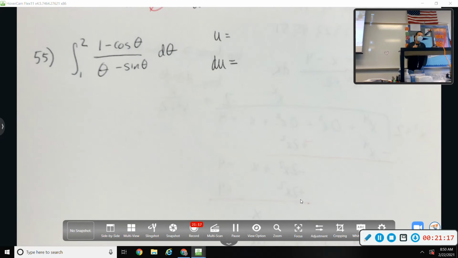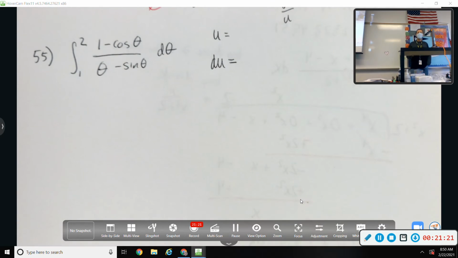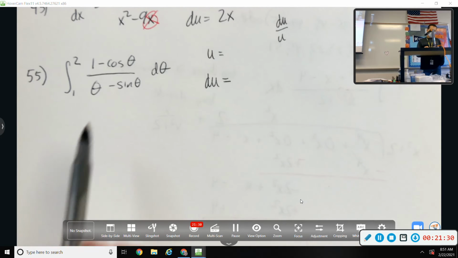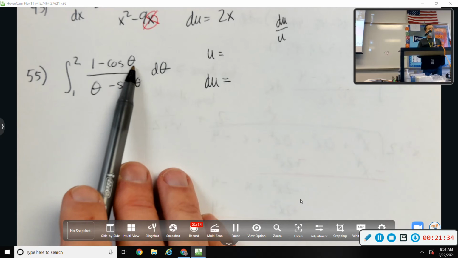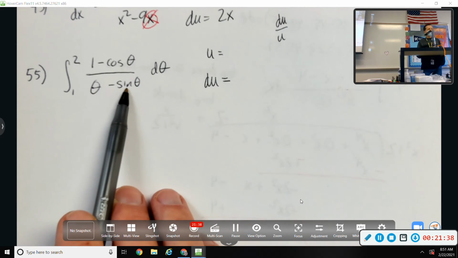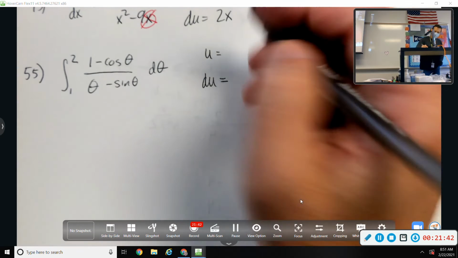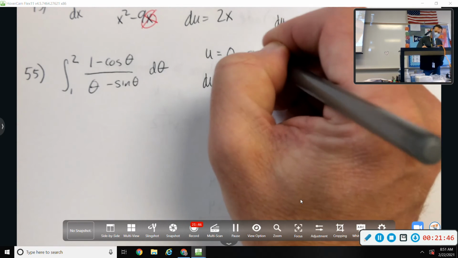Almost everything in this section is du over u, or is turning into that. Couldn't you do 1 minus cosine? If I do 1 minus cosine, the derivative would be just sine. So I'd have that theta would be messed up, and then du would be in the bottom. So if I make it be the top, that doesn't work so well. Let's let u be the denominator.